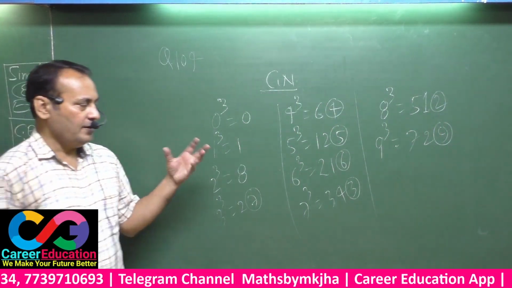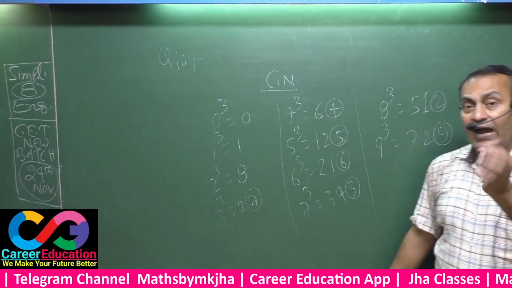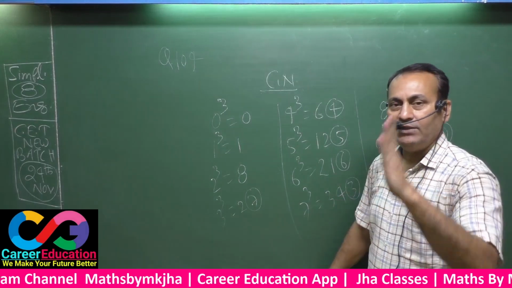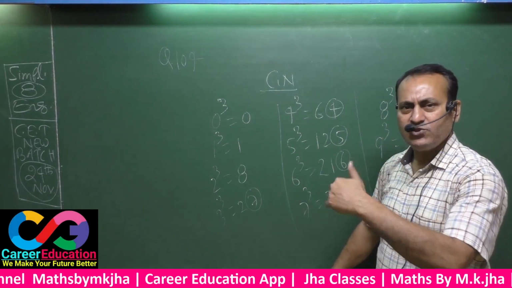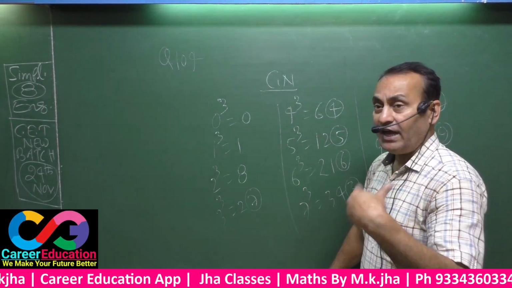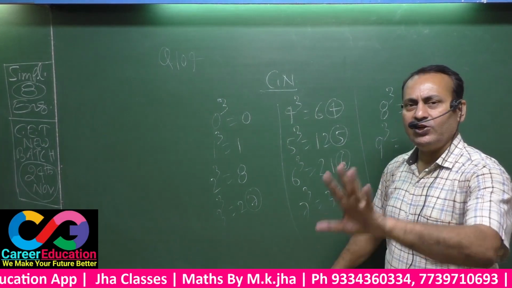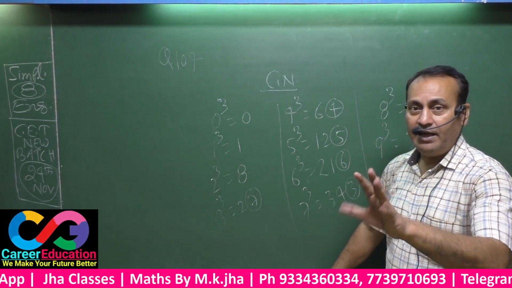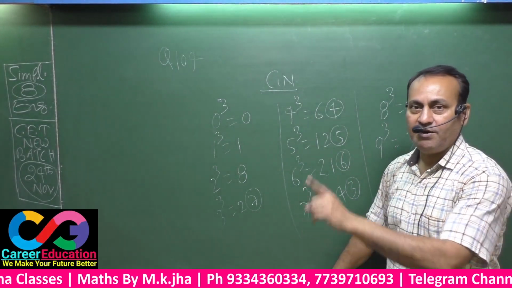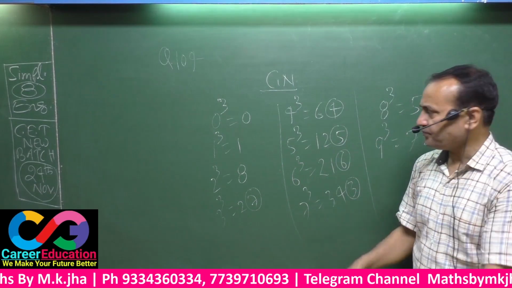See here, if you have any cube number, at unit place it may be either 0 or 1 or 2 and so on, 3, 4, 5, 6, 7, 8, 9. But if you take a square number, at unit place all the digits will be available excepting 2, 3, 7 or 8. Note down. See here, why so?